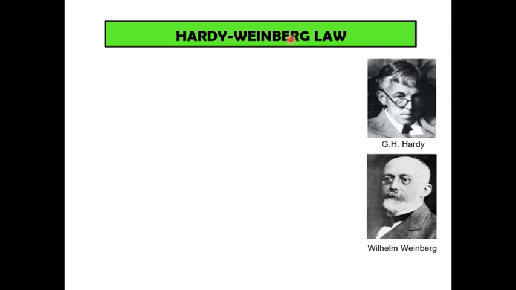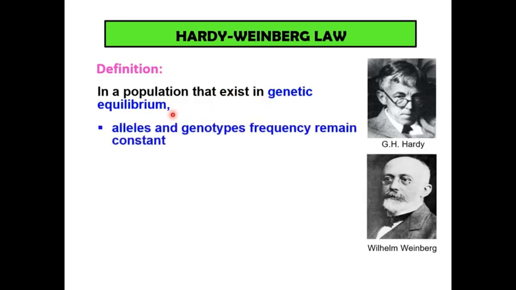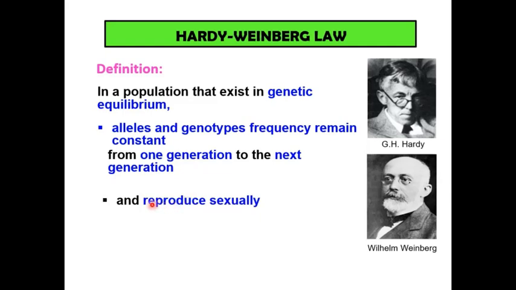The Hardy-Weinberg law was proposed by G.H. Hardy and Wilhelm Weinberg. The definition of the Hardy-Weinberg law is that in a population that exists in genetic equilibrium, allele and genotype frequencies remain constant from one generation to the next, and members of the population reproduce sexually.